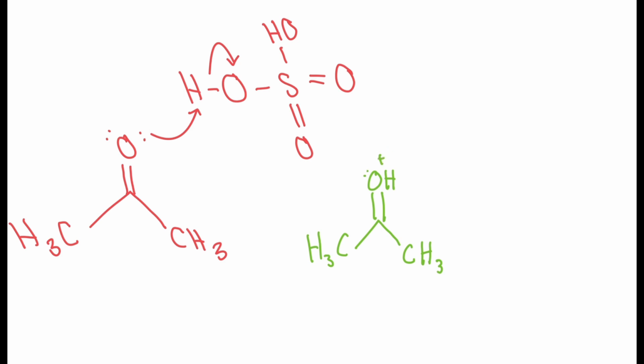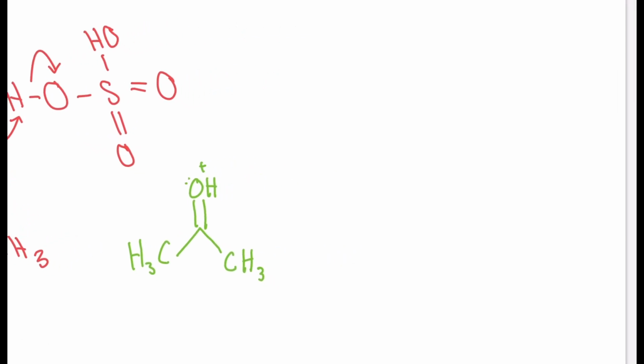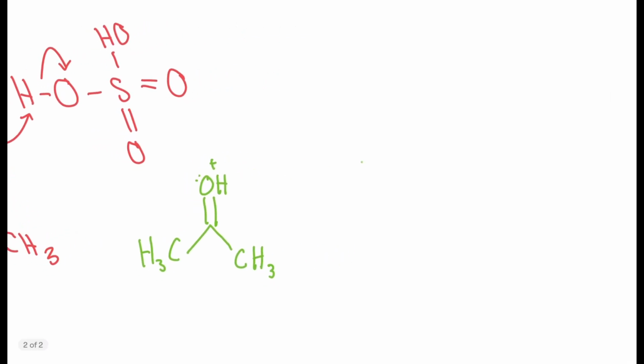Now this last pair of electrons here goes to the oxygen. So this is seen as sulfur in the middle as your central atom, bonded to the HO up here, also double bonded to O with its lone pairs.